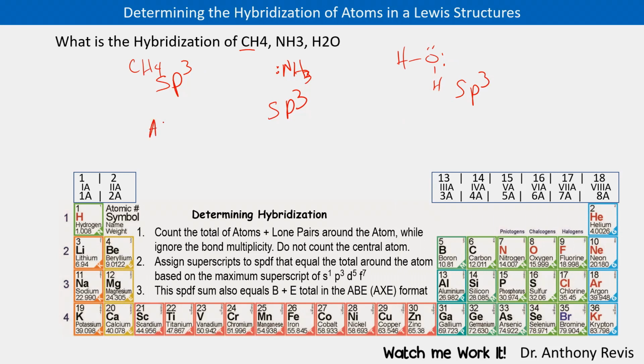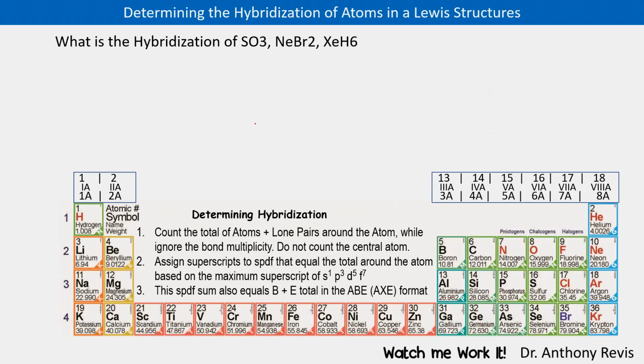The ABE format for this is AB4, this is AB3E, and this is AB2E2. Get it? So you can have the same parent hybridization for different geometries.